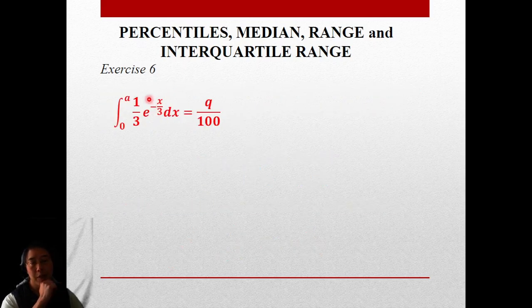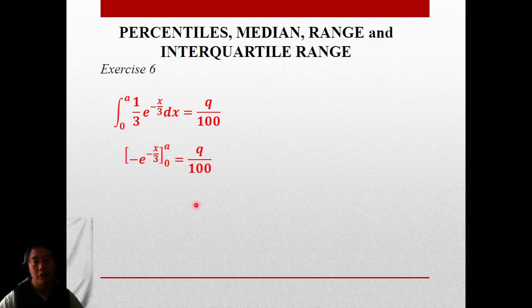So we substitute the function, then all you need to do is anti-differentiate it. You have your boundaries from 0 to a. You apply the formula, and we rearrange it to make a the subject, because we want to express the upper boundary, the duration of the phone call, in terms of your percentile.